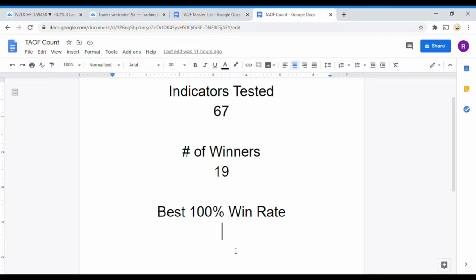The best ones so far were able to achieve a 100% win rate. Now you need to go back and watch that video to understand the context of how it was able to achieve that. But as we are working on building the best trading system possible, you could take any one of those 19 indicators and get out there and start profitably trading the markets with them now. So go back and watch those videos, make a list of those indicators, and get out there and see what you can do with them. But stick with this here as we work on maximizing your trading profits.